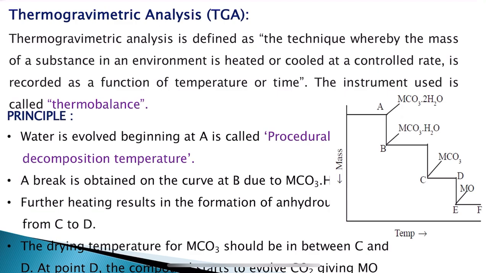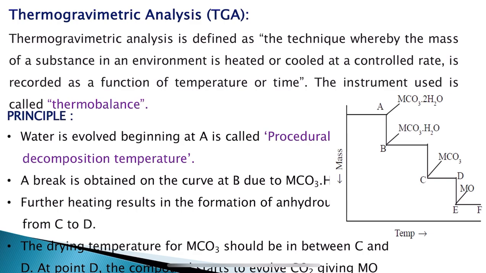This is illustrated by the mass loss curve of a hypothetical compound, which is why it is called hypothetic. This is a metal carbonate in a hydrated form, MCO3·2H2O. The metal carbonate can be calcium carbonate, CaCO3, or magnesium carbonate, MgCO3, likewise.